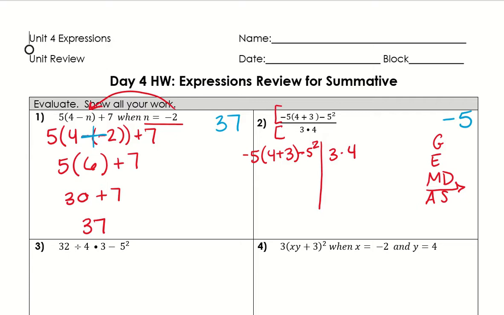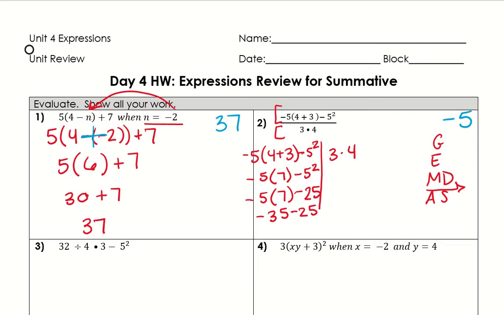So I'm going to start with the top, starting with my group here. 4 plus 3 is 7. Now moving on to my exponent, because that's what E stands for. So I have 5 squared is 25. Moving on to my multiplication, -5 times 7 is -35.